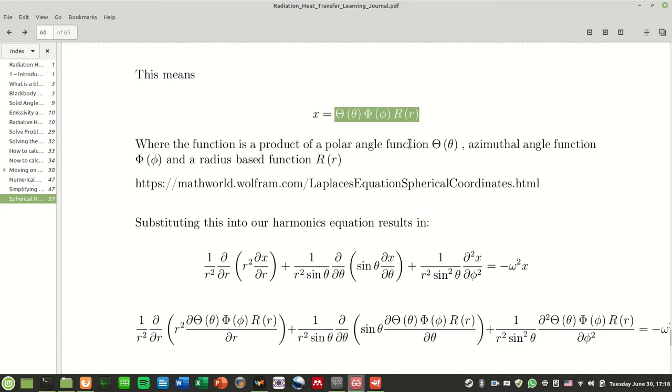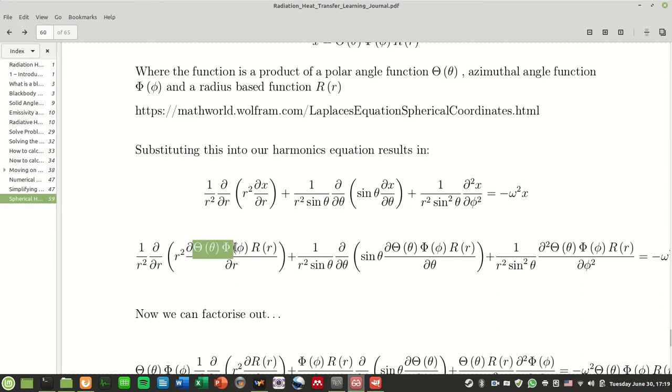This is a product solution. We make this assumption, and for most cases it works. I mean, most of the cases we are going to deal with, it works. And for spherical harmonics derivation, that definitely works. So we substitute all of this in, and we take a look.